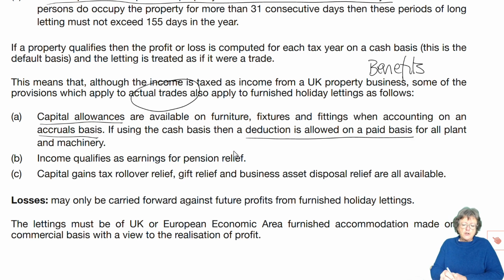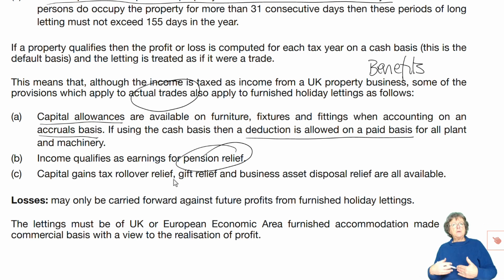It's pensionable income as opposed to property income, which is not. That's classed as investment income to a large extent, because you've invested in a property to get income out of it. But furnished holiday lettings are treated as a trade and therefore pensionable. So if you look into the pensions chapter, you will see how that works.